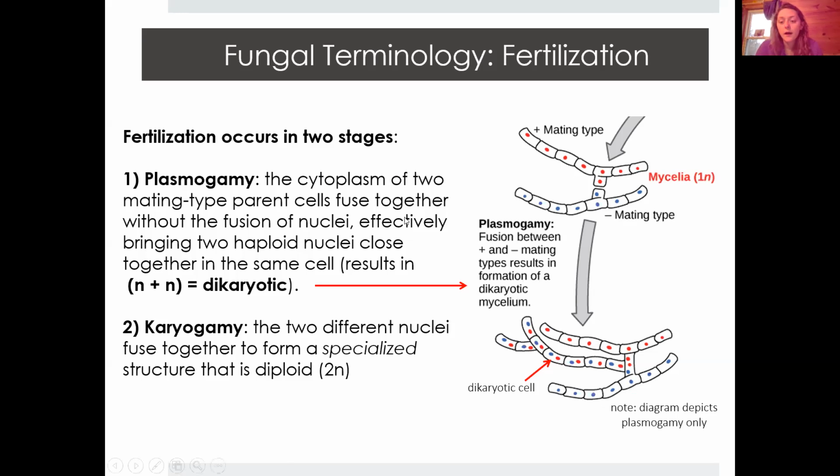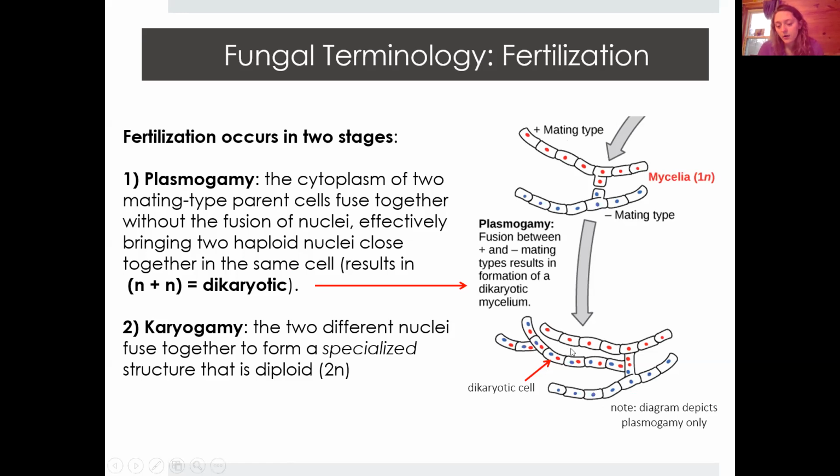So we had these 1N organisms here, and they're of different mating types. Instead of having a male and female part of fungi, it's mating types, and some species of fungi can have hundreds of different mating types, and so it makes all these different interesting combinations. But for the class, we'll just talk about a simple way of having a plus and a minus. So plus mating type comes together with minus mating type, and they make an N plus N cell.